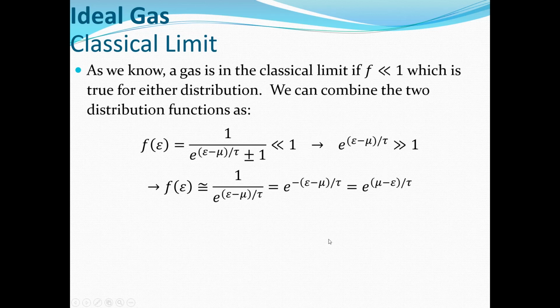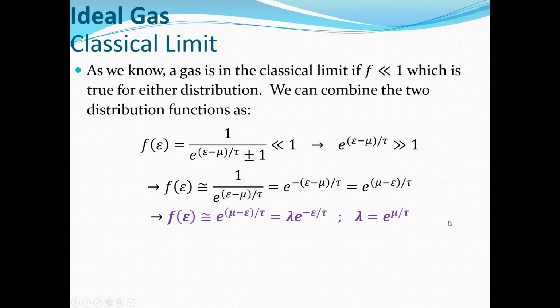If that's true, then the occupancy equation can be simplified, or approximated, to look like this. This plus or minus one doesn't really matter if this e term is extremely large. So this ends up just equaling e to the mu minus epsilon divided by tau.